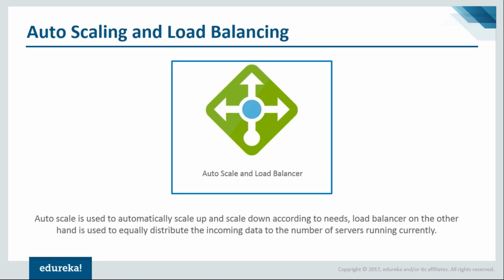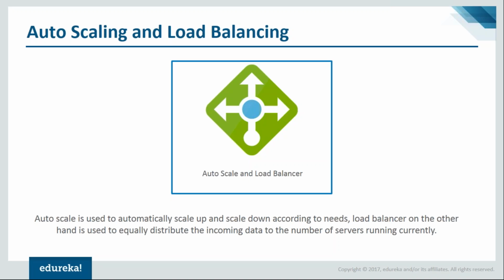Obviously when more traffic is coming onto your website, your CPU utilization will increase because your server will be processing more requests. So you can set a metric that says when my CPU usage increases to 60 or 70%, increase one more instance or increase 3 or 4 more instances. It is based on your personal use.